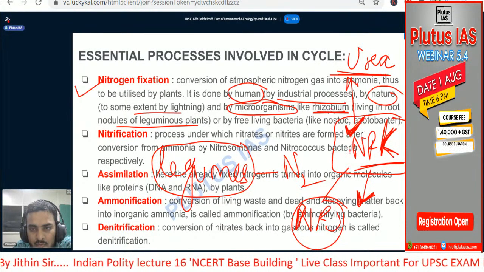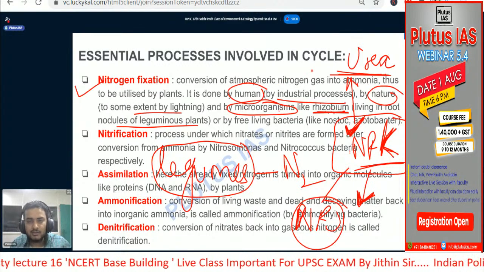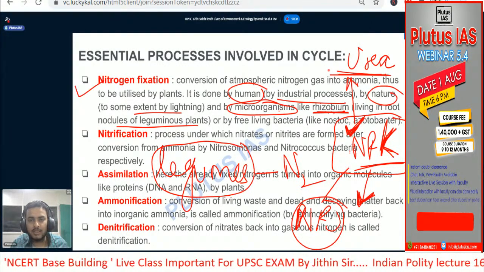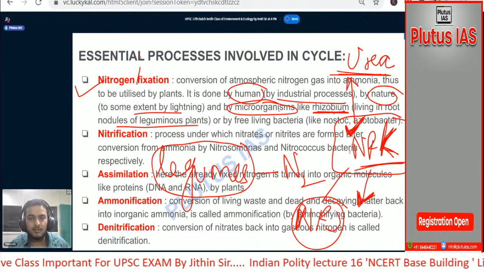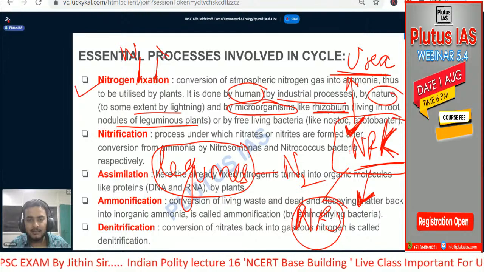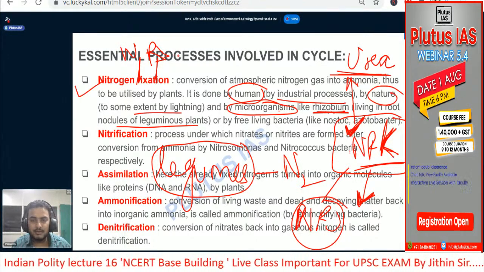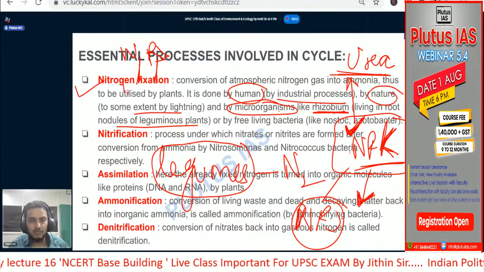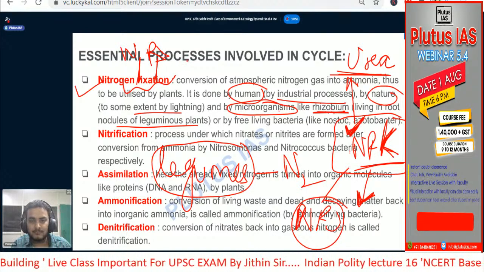To compensate the deficiency of nitrogen in soil. Because mostly we are growing wheat and rice. These are the plants mostly grown as agricultural crops in India. They almost make up 60 to 70% of our total production.